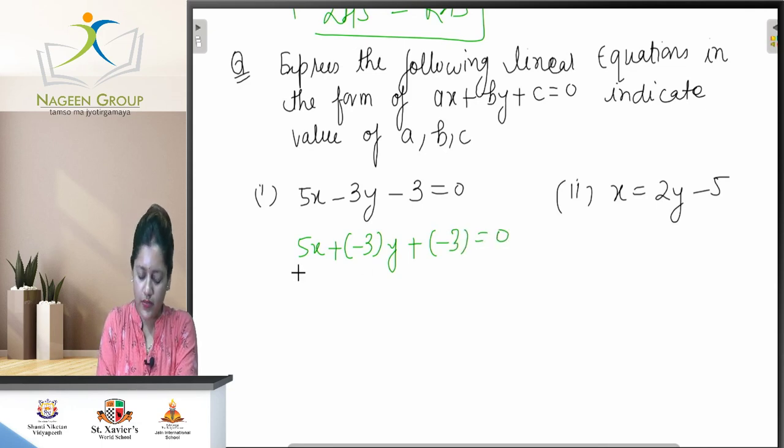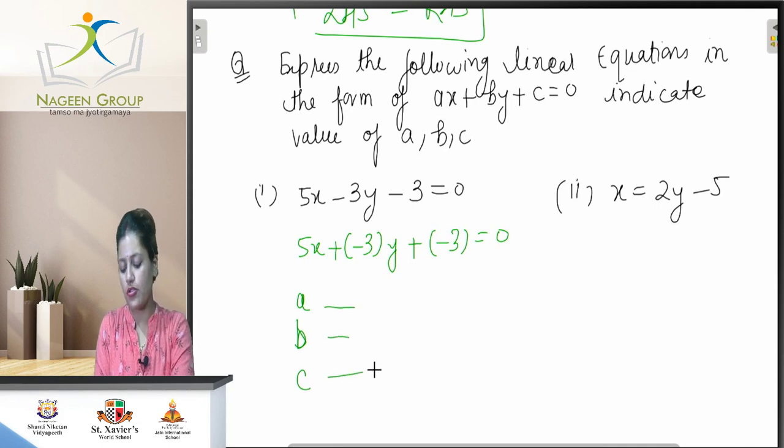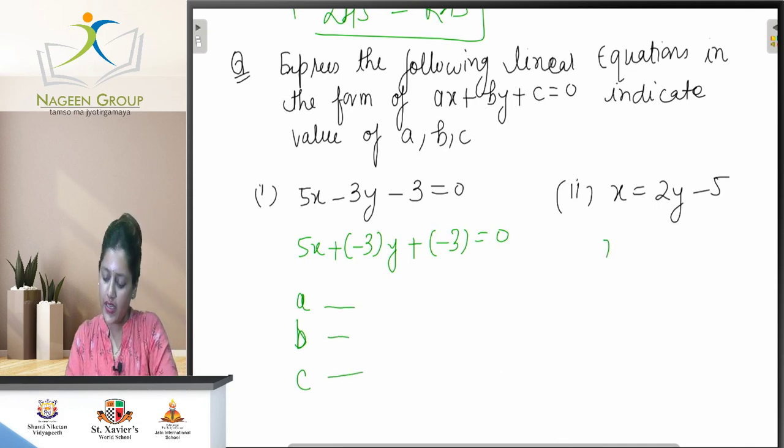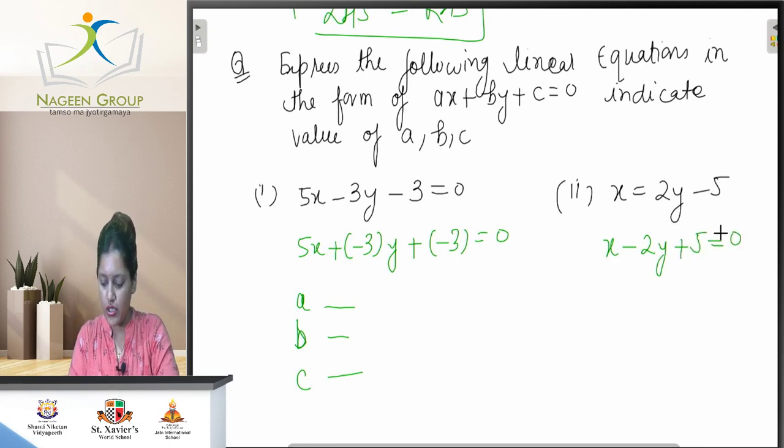In the same way we change the next equation also, that is x minus 2y plus 5 equals 0, so x plus (minus 2)y plus 5 equals 0.